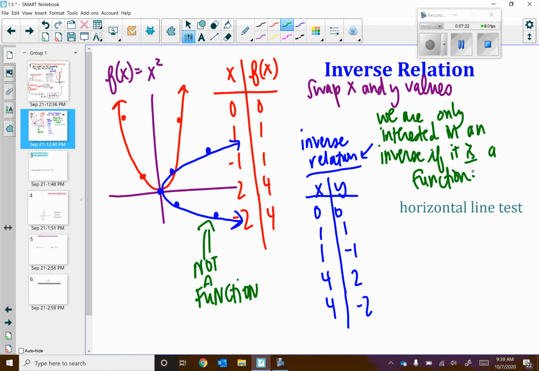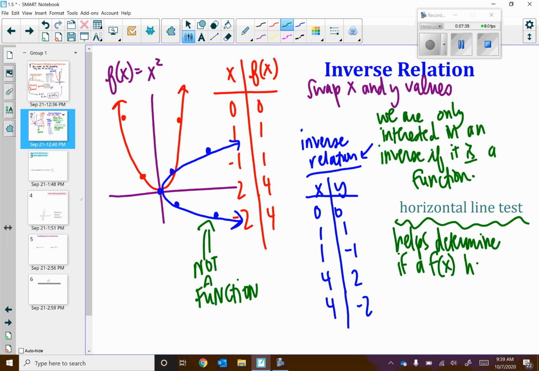And so how can we decide on that? Well, we can do something called the horizontal line test, which helps determine if a function has an inverse that is also a function.